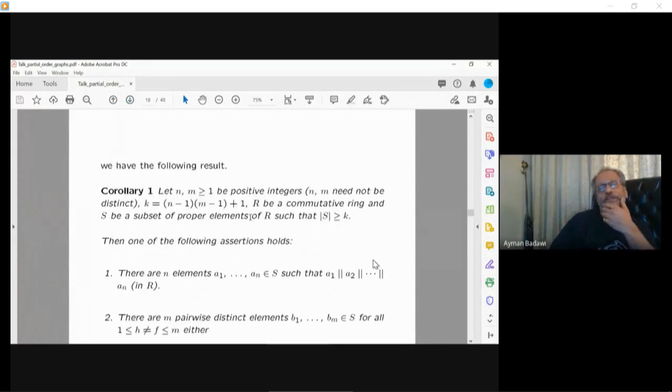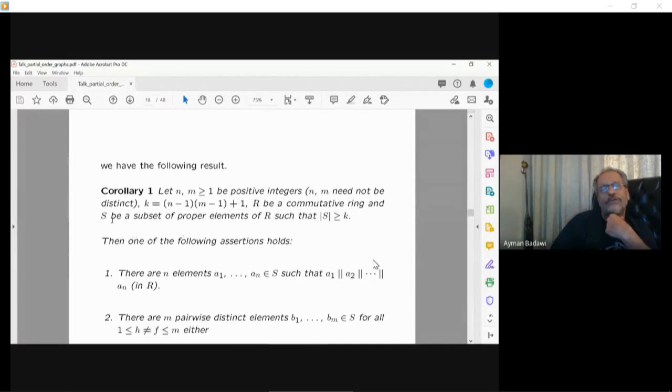What's the implication, if you want to think about that? If you take Z, choose n and m bigger or equal to 1. Let me choose 4 and 5. So n is 4 and m is 5, and you set k to be 3 times 4 plus 1, that means 13.